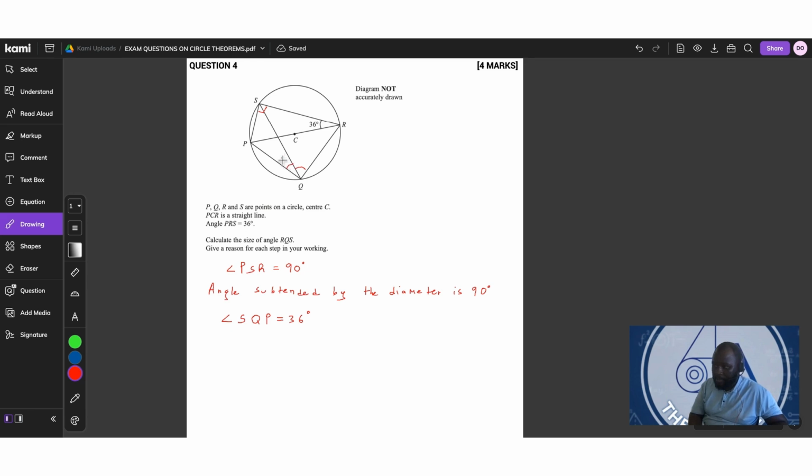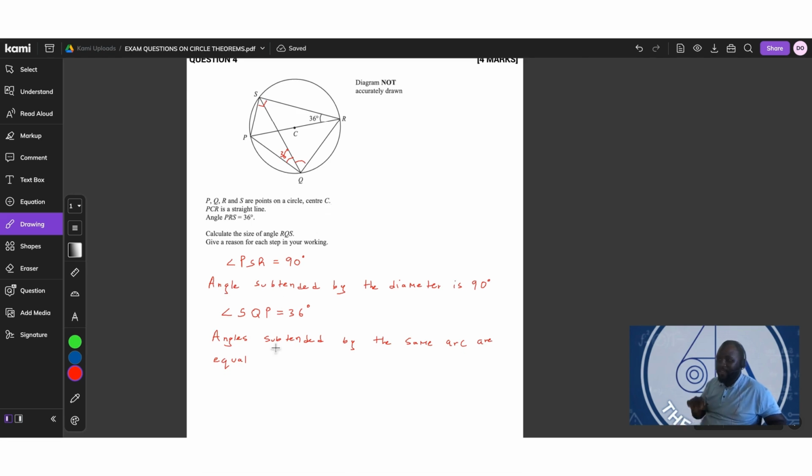This angle here, 36 degrees. And the reason is angles subtended by the same arc are equal. And you're allowed to write chord there. You can write angle subtended by the same chord, no difference. So that is angle SQP.